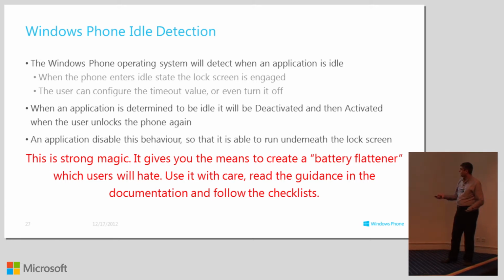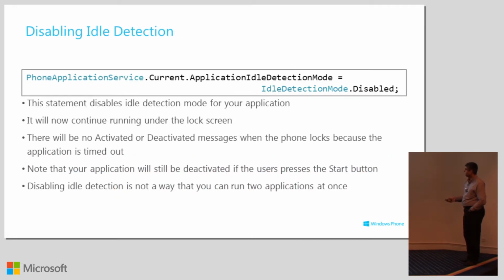So in this case, no activated or deactivated messages will be passed to your application because it's not going to be deactivated. It's going to continue in the background. Also keep in mind that this is not a way that you can have two applications running at once. Your application is running alone, right?